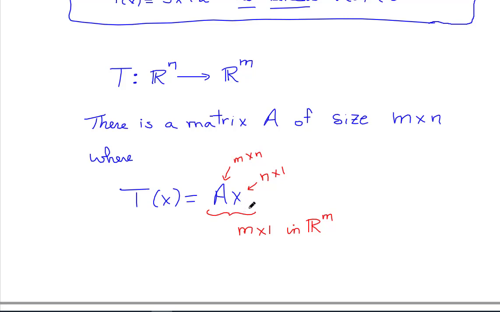And you can check that the sizes work out, because if A is m by n and x is a member of Rn, x is n by 1. So the matrix multiplication makes sense because the number of columns of A matches the number of rows of x, and the size of the image is m by 1, which does put it into Rm.